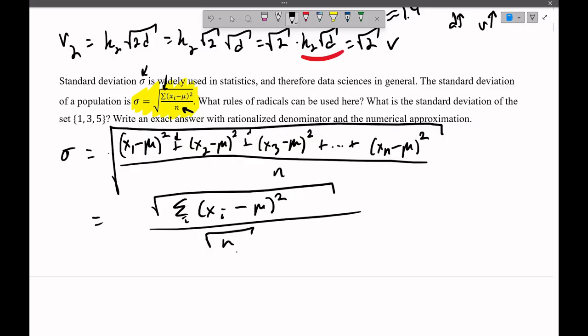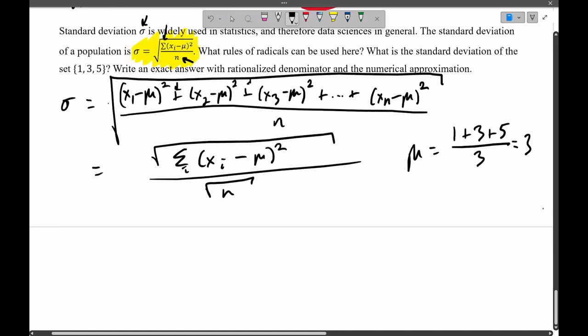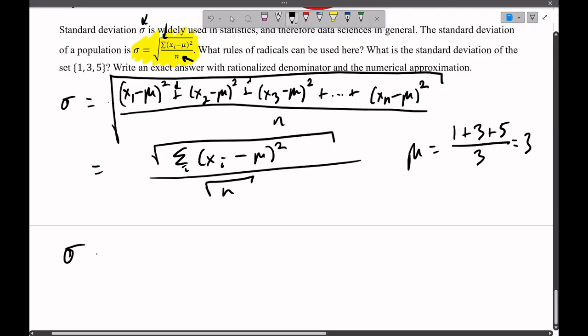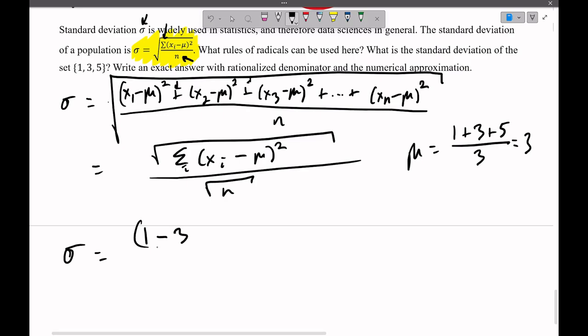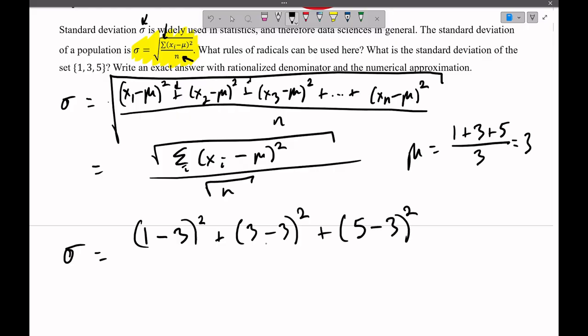Now, if we have a set 1, 3, and 5, what's the standard deviation of the set? Well, the first thing we have to do is find the mean. The mean mu is going to be 1 plus 3 plus 5 divided by the number of numbers there, which is 3. That's the same thing as 9 over 3, or 3. Now, we can do x1, which is 1 minus the mean squared, plus x2, which is 3 minus the mean squared, x3, which is 5 minus the mean squared.